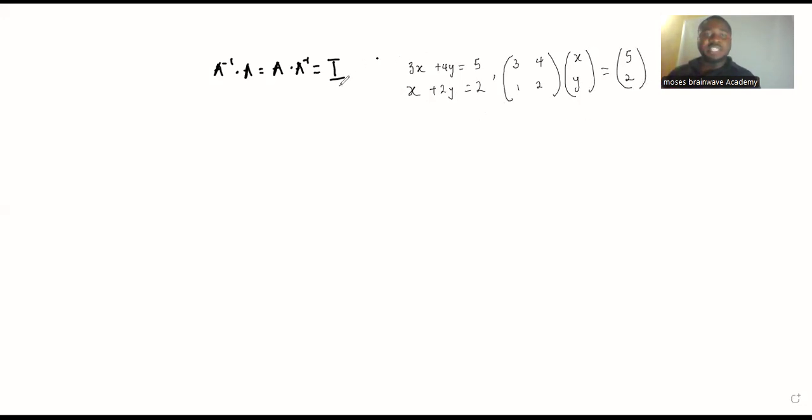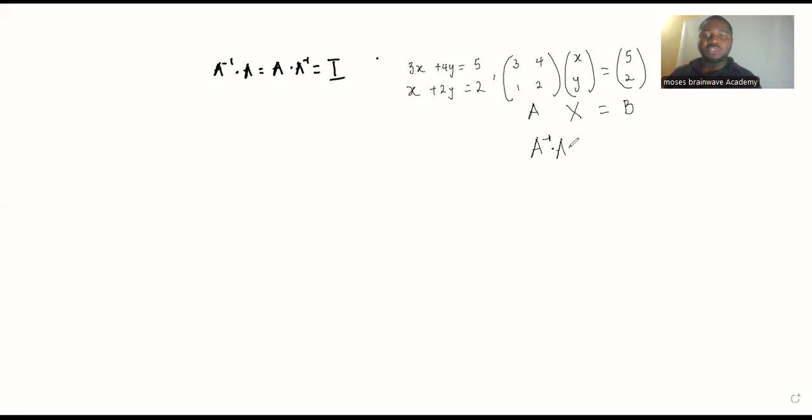If I represent the coefficient matrix as matrix A, this is my matrix of the variables, matrix X, and this is my matrix of constants, which I can call matrix B. Now, if I want to get X, I'm just going to multiply matrix A with the inverse.